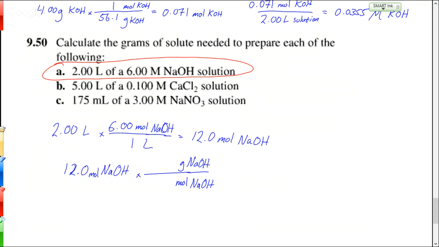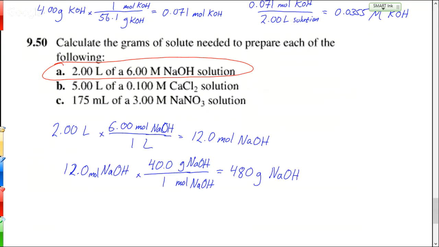So 23, 16, and 1 is 40. All right, so 12 times 40 is 480. Is that right? I think? Yeah, okay. Thanks. 480 grams of sodium hydroxide.